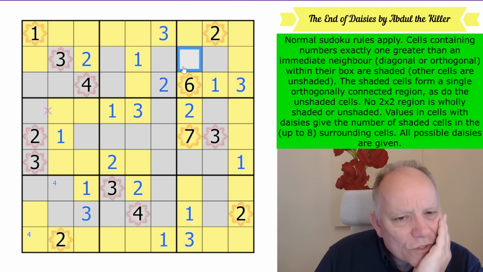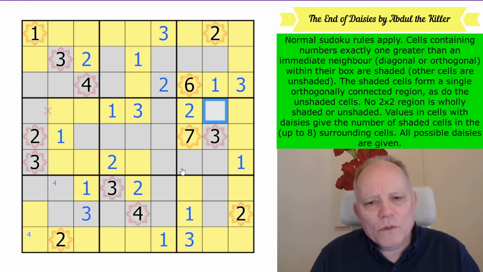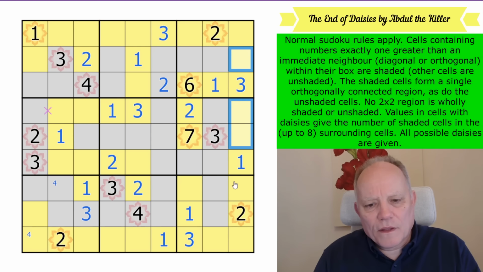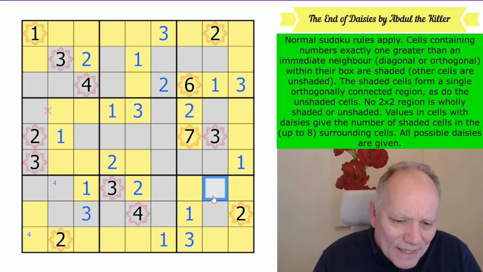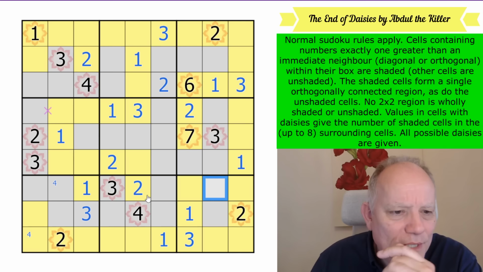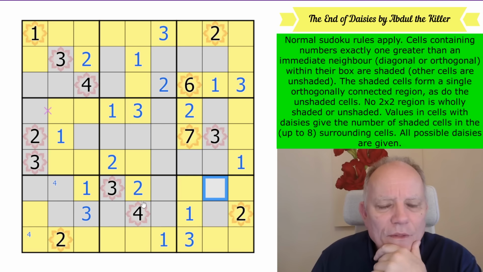I don't know, it's tricky. 4s could be in those, but not in those. None of those can be 4. 4 can't be here. I don't know, this isn't easy at all to see how you make further progress.